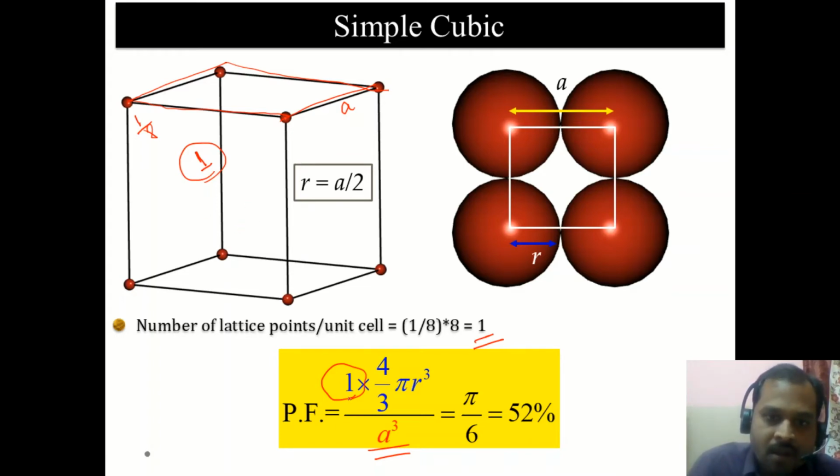So we count it as 1 atom times the volume of 1 atom, that is 4 by 3 pi R cube, and then we replace R with A by 2. The A cube and A cube get cancelled, so we end up with pi by 6. So the packing fraction of the simple cubic unit cell is pi by 6, or nearly 52%.